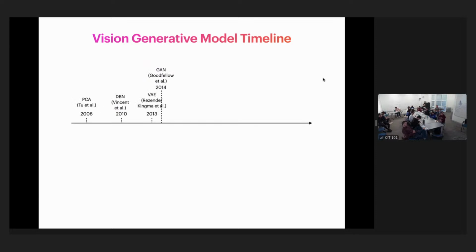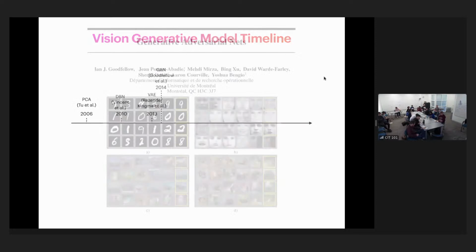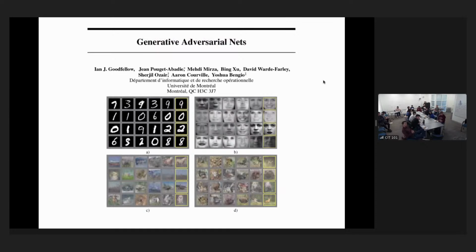Then in 2014, there's the famous GAN paper by Ian Goodfellow. At the beginning the results were not that great; the faces here are not that different from the 2006 paper. But later work made GANs much better in terms of image quality.